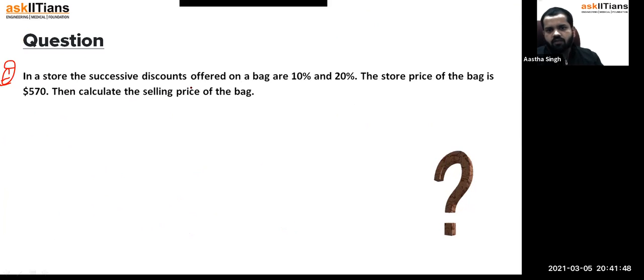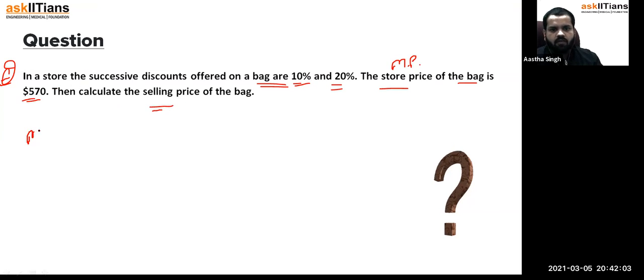In a store, the successive discount offers on a bag are 10% discount and 20% discount. The market price of the bag is 570. Calculate the selling price. So discount will always be offered on your market price.